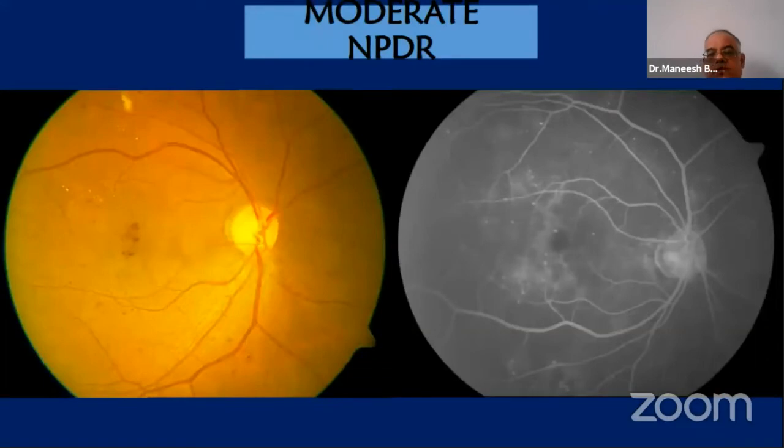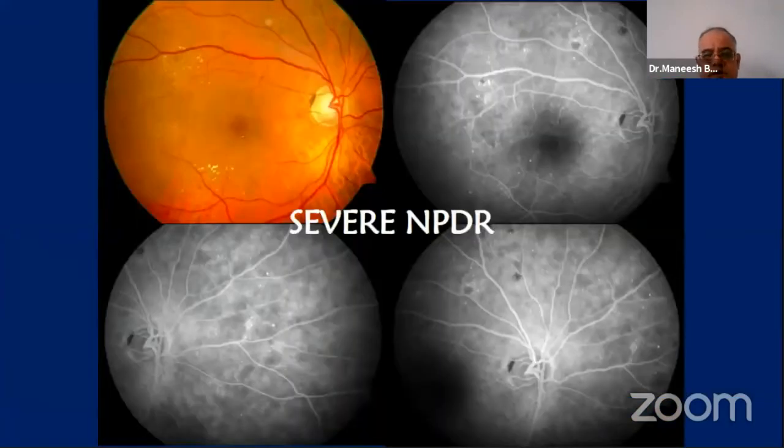Moderate NPDR is where there are clumps of microaneurysms and some hemorrhages which are more than mild but don't really fit into severe diabetic retinopathy. Then there is severe diabetic retinopathy where the 4-2-1 rule is followed, where there are extensive changes throughout the fundus which can be seen.